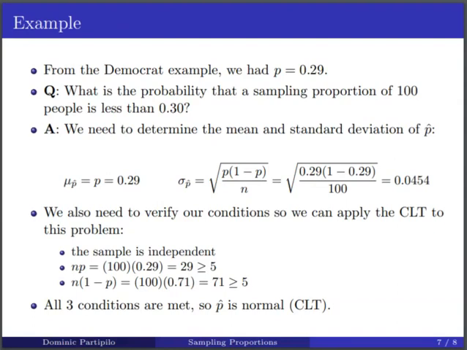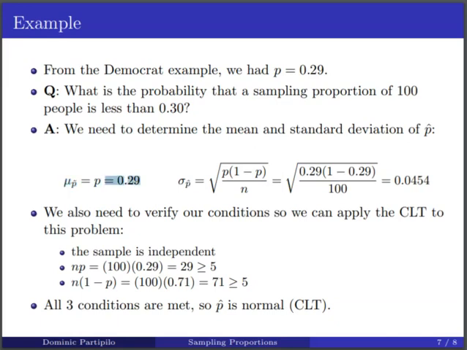So from the Democrat example, we had a population proportion of 0.29. And let's say we were asked about the probability that a sampling proportion of 100 people is less than 0.3. So we need to determine the mean and the standard deviation of p hat before we can do this calculation. So remember, the mean of the sampling proportion is going to be the population proportion.